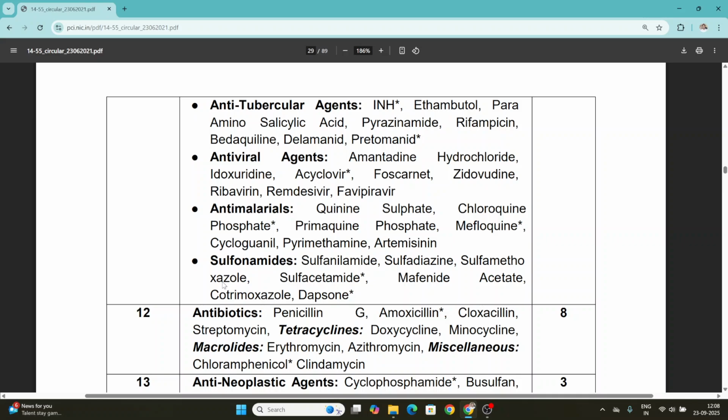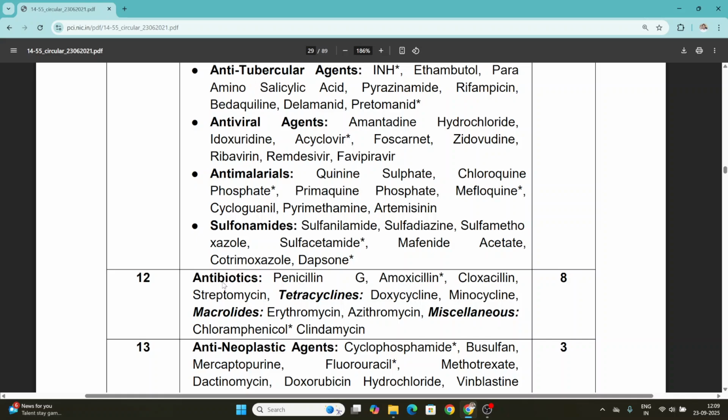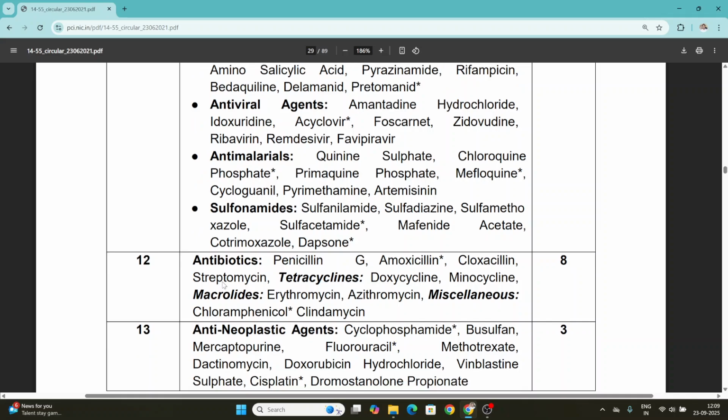Anti-malarials: quinine sulfate, chloroquine phosphate, primaquine phosphate, mefloquine, cycloguanil, pyrimethamine, artemisinin. Sulfonamides: sulfanilamide, sulfadiazine, sulfamethoxazole, sulfacetamide, mafenide acetate, cotrimoxazole, dapsone.